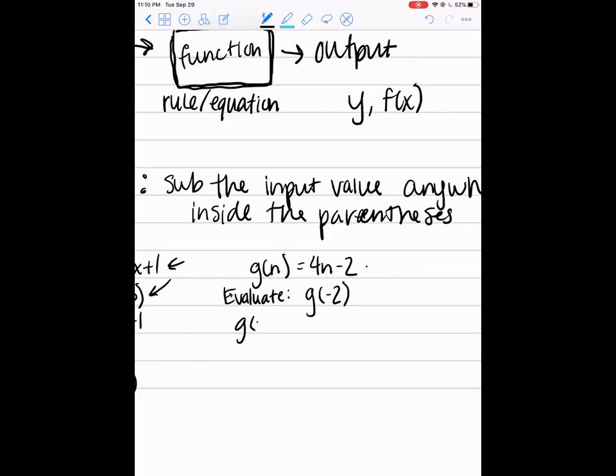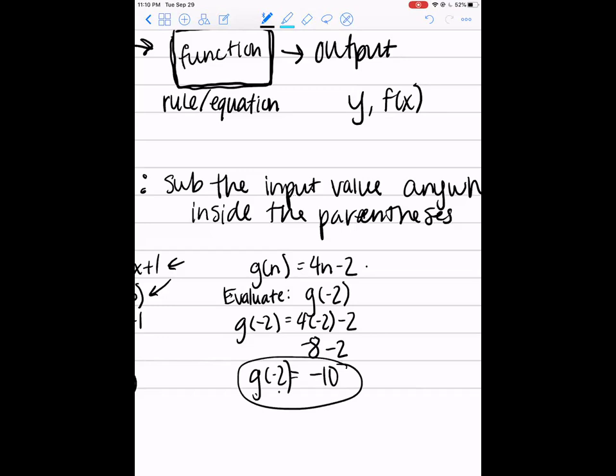So g of negative 2 equals 4 times negative 2 minus 2. 4 times negative 2 is negative 8, minus 2. Negative 8 minus 2 is negative 10. So after we've evaluated, we know that g of negative 2, so our function g, that's our name for the function, with the input value of negative 2, equals negative 10.